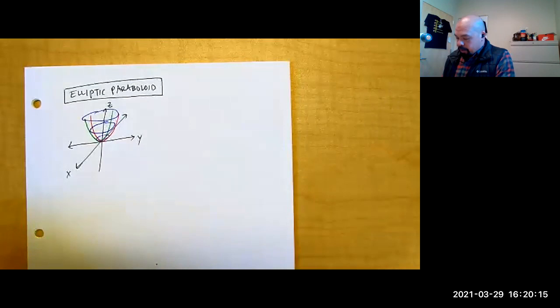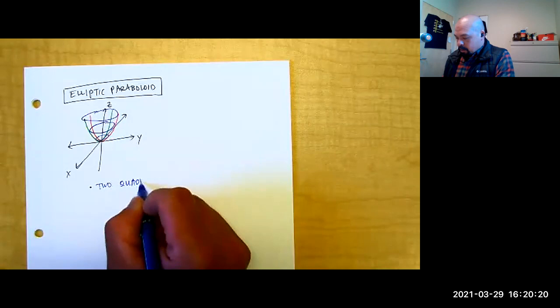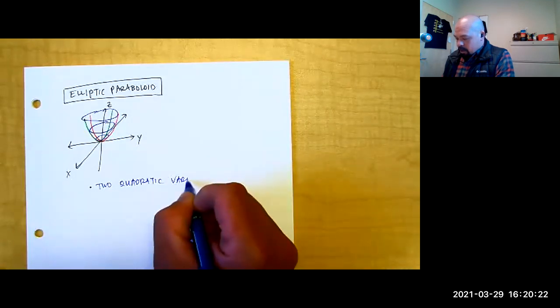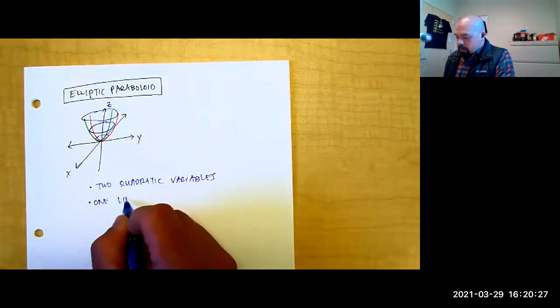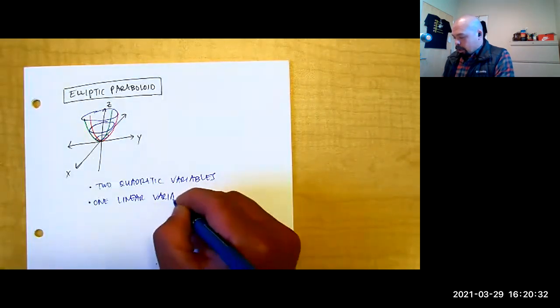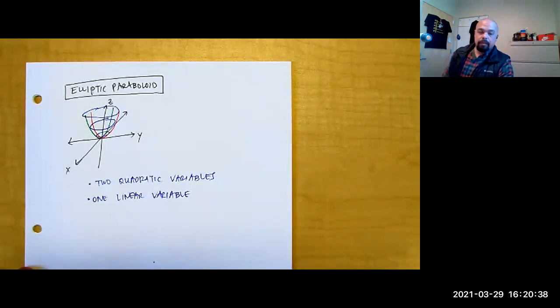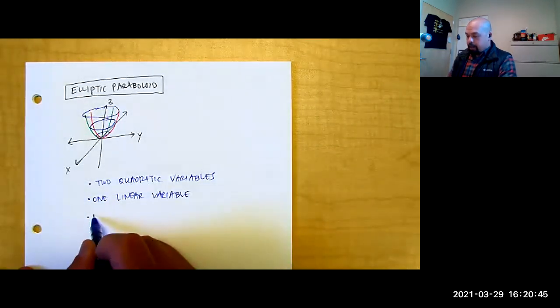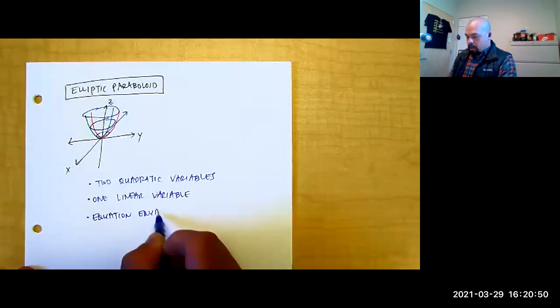And our equation discussion here is that we're going to have two quadratic variables, one linear variable, right? One variable that has its highest degree as one only. And in this case, we'll see typically that our equation is equal to 0.